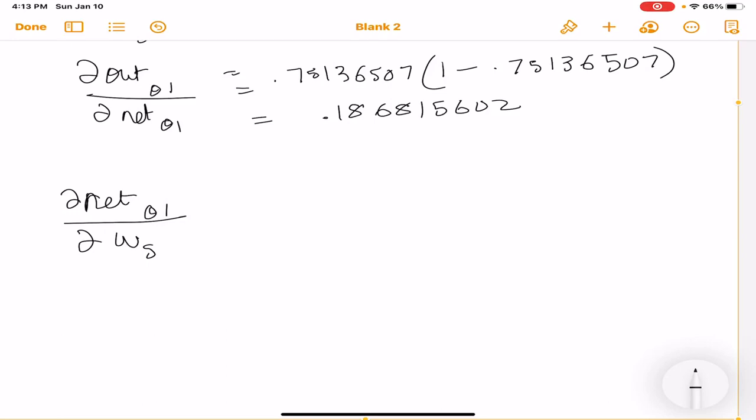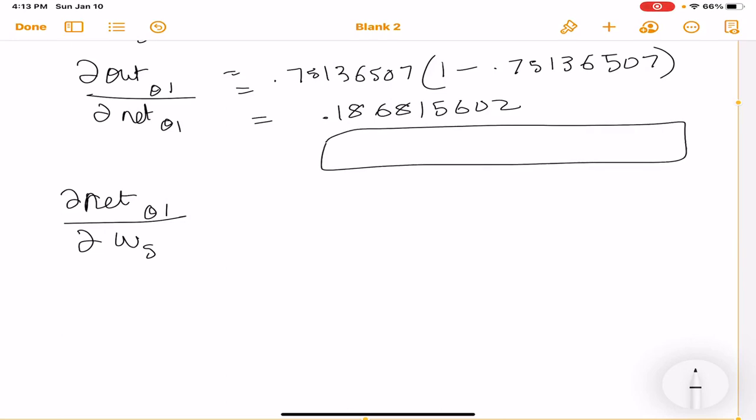Now, from the forward propagation, we already know that net of O1, the equation was W5 into out H1 plus W6 into out H2 plus 1 into B2.